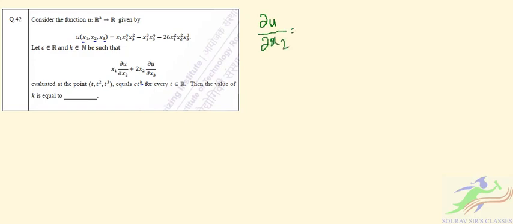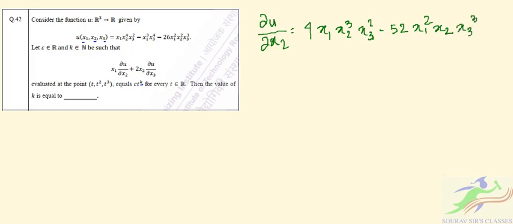Now let us first find from the expression what is del u del x2. If we do the differentiation, we will get 4 x1 x2 cube x3 square minus 52 x1 square x2 x3 cube.